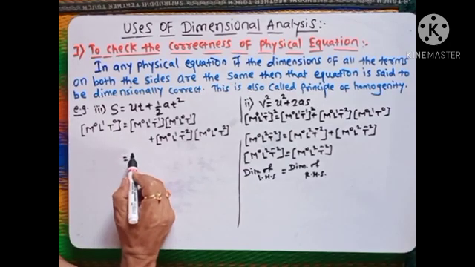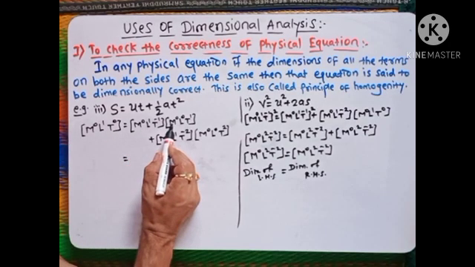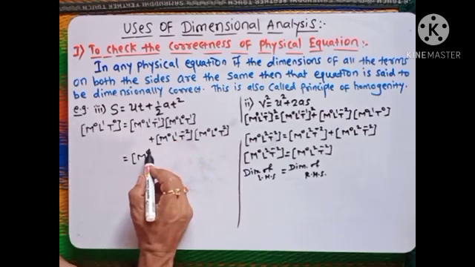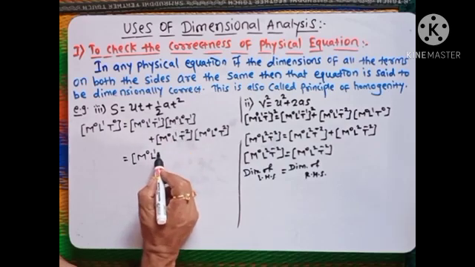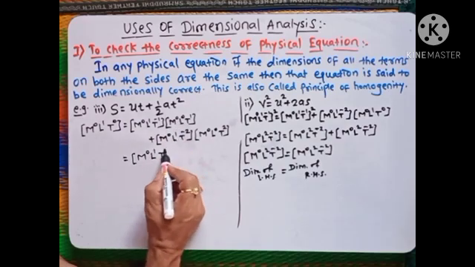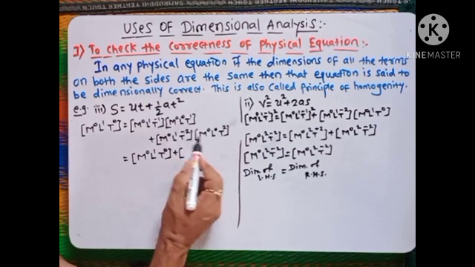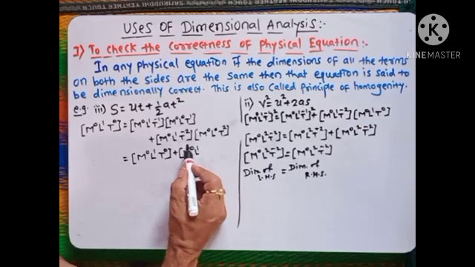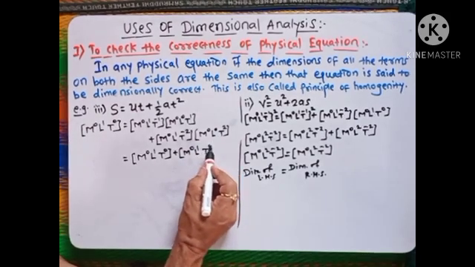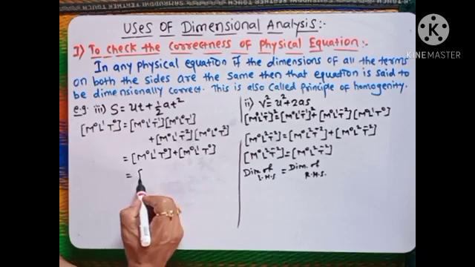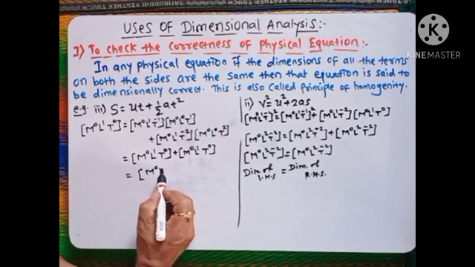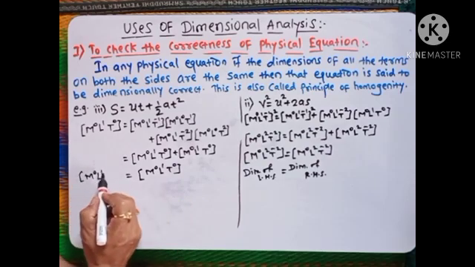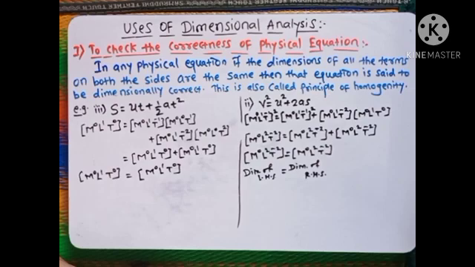If we combine M0 L1 T minus 1 and M0 L0 T1, M0 one time, L1 L0 gives L1, and T minus 1 and T plus 1 gives T0. Plus, in this product, M0 L1 L0 gives only L1, and T minus 2 and T plus 2 gives T0. If we combine these two again, I get M0 L1 T0, the same as the dimensions of LHS.